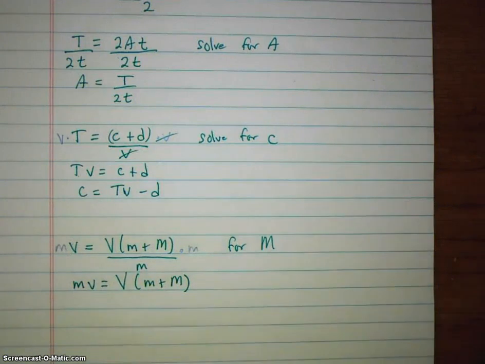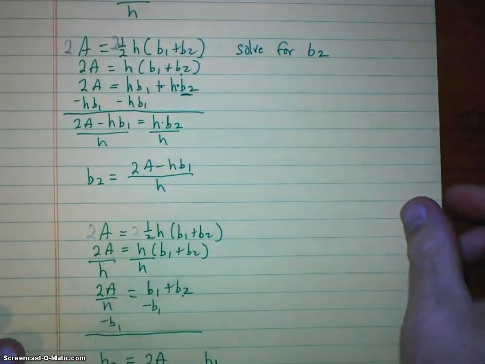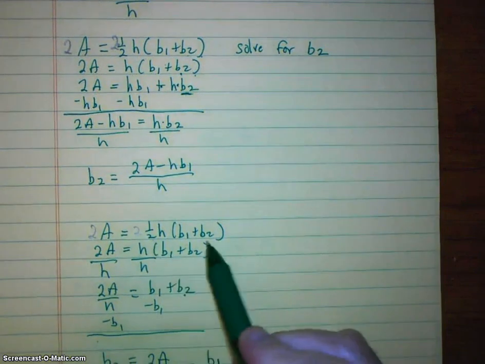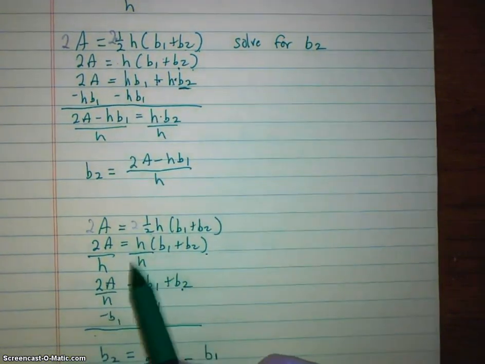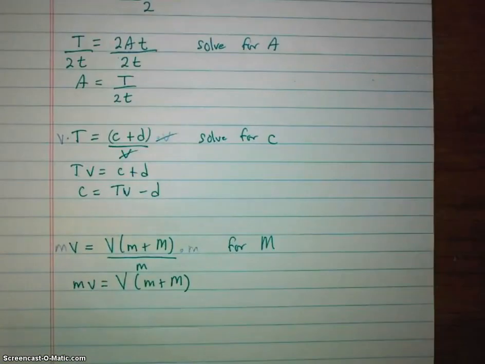Okay, now this is similar to a problem we did before, that we did twice, where we had to get rid of these parentheses, and we saw that there was two ways to do it. We could either distribute or we could divide. Your choice as to which way you like to do it.